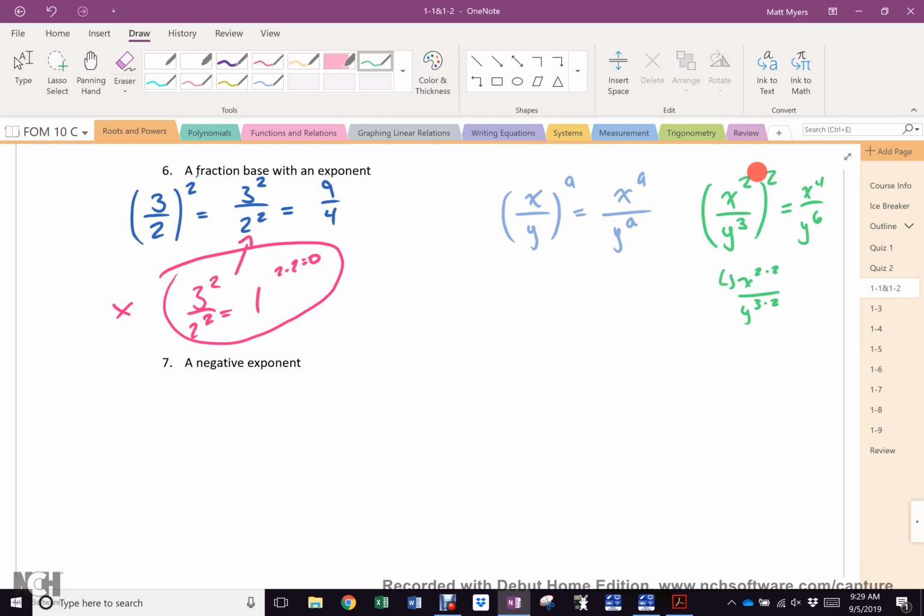Everyone? Okay. How many of you in the 9th grade saw this? 3 to the negative 2. Oh, yes. So what's the answer? Muskan? No. It is not negative 9. Amelia?